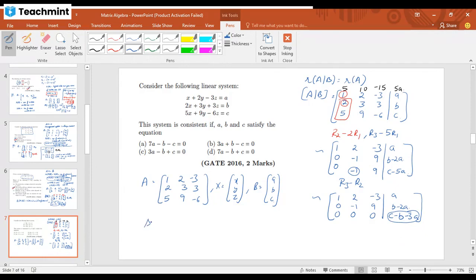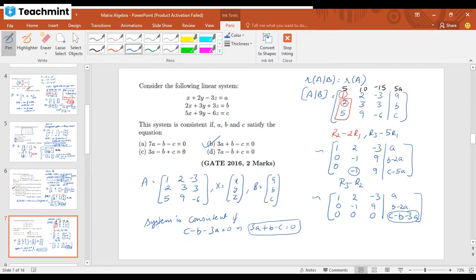So the system is consistent if C minus B minus 3A equals 0, or I can say 3A plus B minus C equals 0, because 3A and B are of the same sign. If we take the negative sign common, then these two become positive and the C is negative. So the correct answer is option B only.